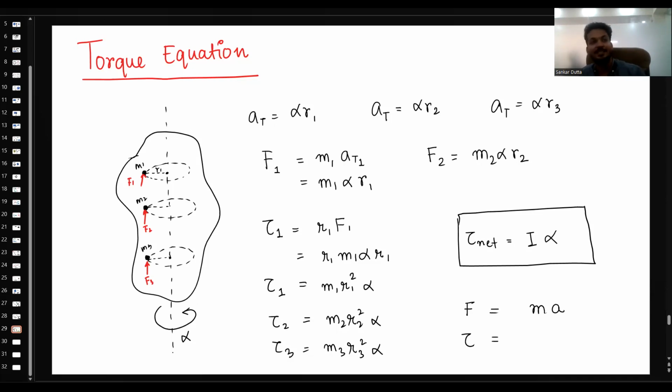Moment of inertia is essentially the mass equivalent in rotation. So mass becomes capital I. And acceleration in rotation is angular acceleration. So this is the equation that you have to remember. Please let me know if you have any doubt in this.